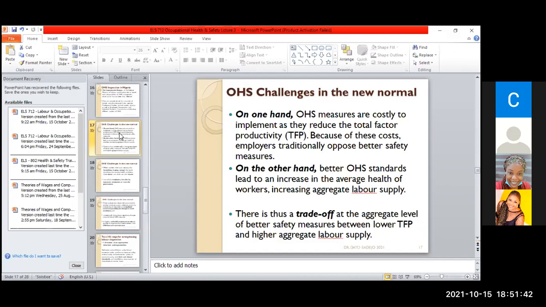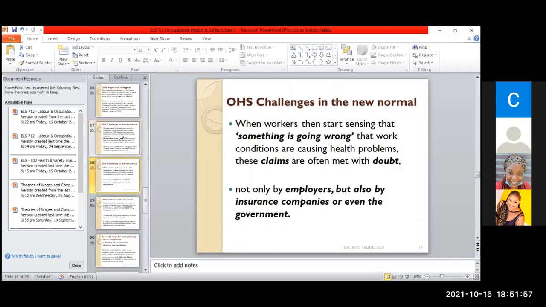They are there. Virtually in every country we have a ministry of labor, a creation of the ILO since 1919, and one of the units under the ministry are the people responsible for inspection. As I've said, the new normal is not captured in the current laws that we have, and not only by employers. They try to play fast one when it comes to claims and injury at work, even when those things are not properly done.